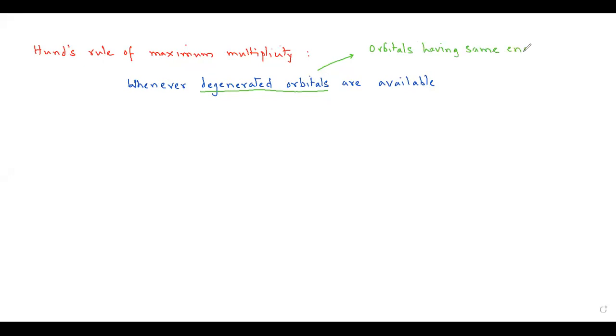right? Like for example, the 3p orbitals, 3p orbitals, 5d orbitals, 7f orbitals. You know, all these orbitals except the s orbital. Of course, there is only one orbital in s sublevel.